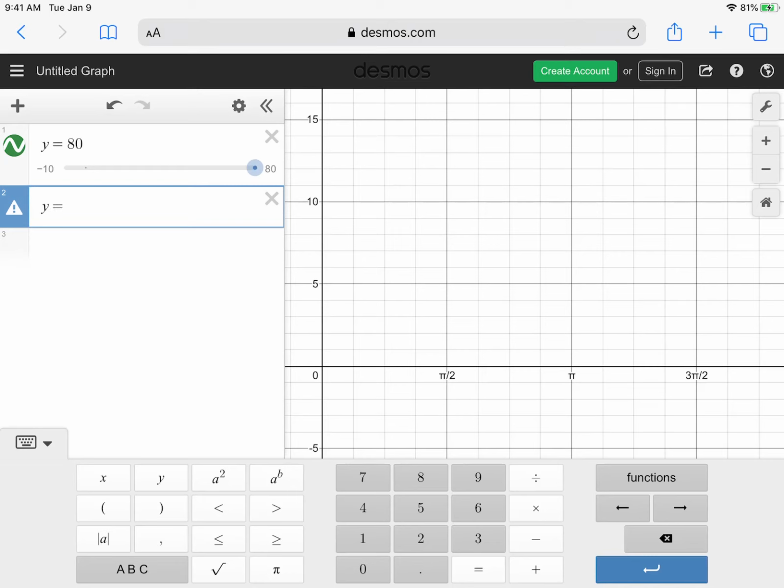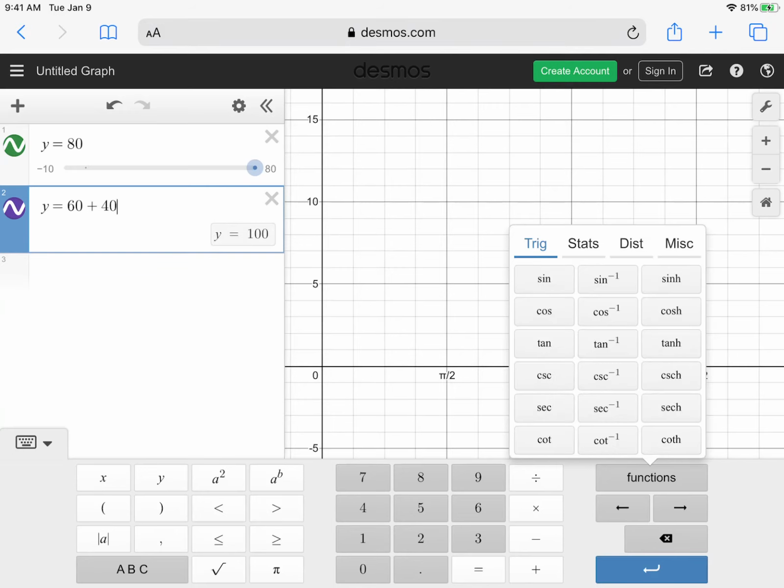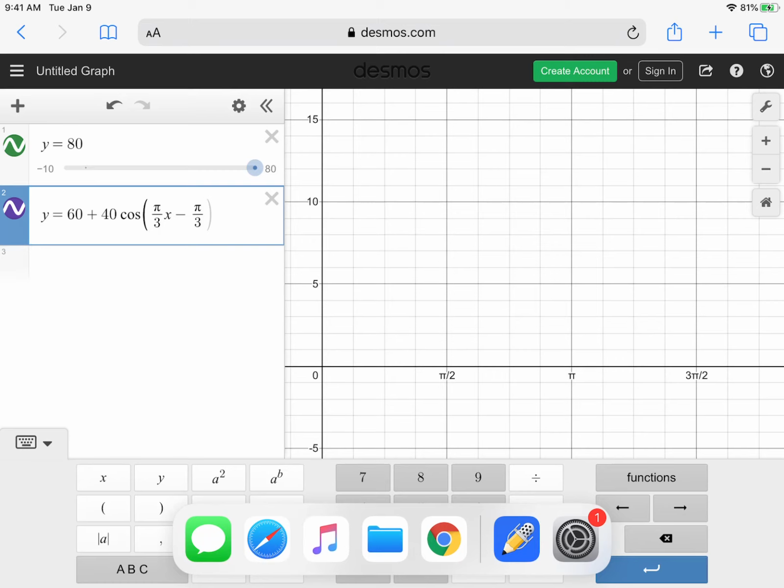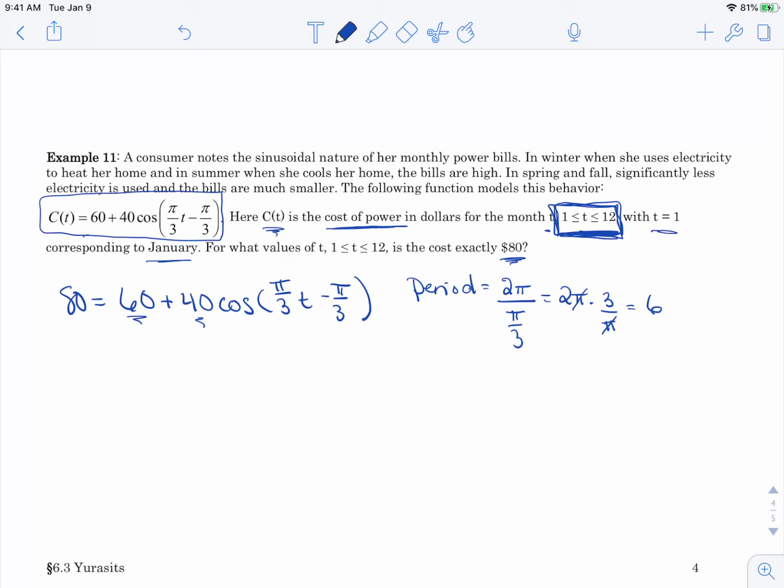Y equals 60 plus 40 cosine pi over 3, my input, minus pi over 3. And I'm just going to double check that because I'm going off memory. Yep, okay.